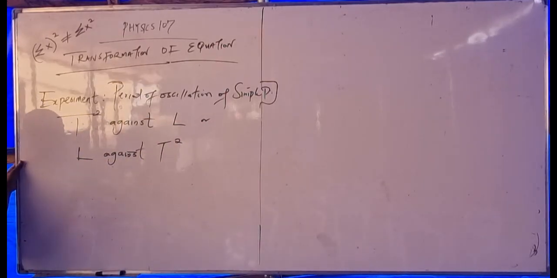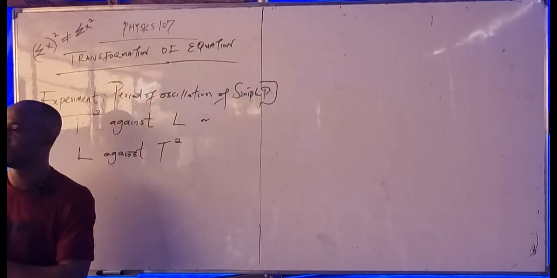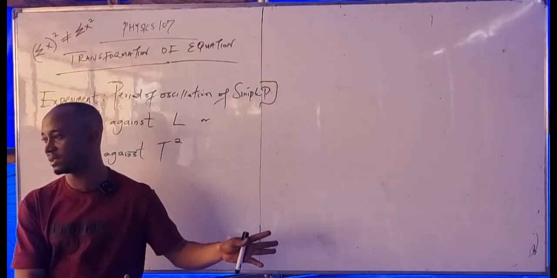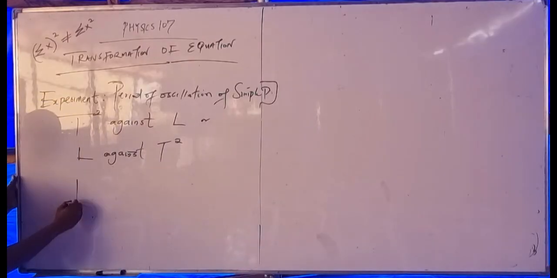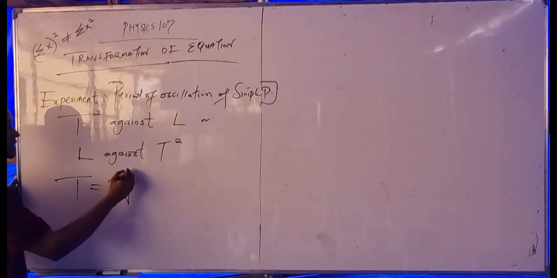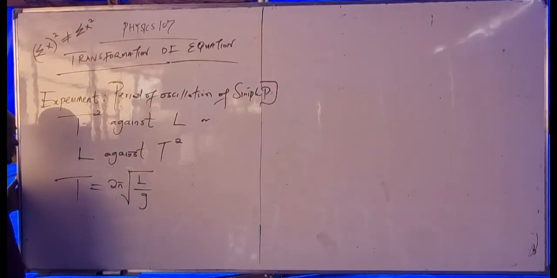But you know that in simple pendulum experiments, there's a formula that connects your period and the length. The formula is: period equals 2 pi, square root of L over G.